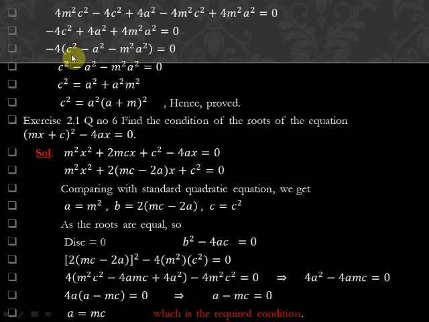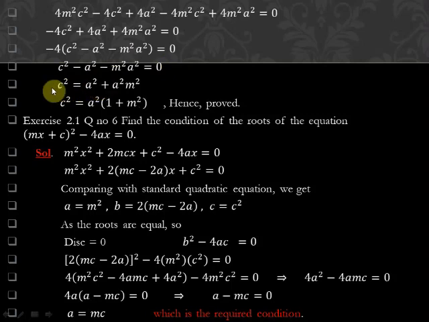Now the statement becomes c² − a² − m²a² = 0, since −4 is multiplying here and dividing on the other side, 0 over −4 becomes 0. Now we switch −a² − m²a² from the left side to the right side of the equation.